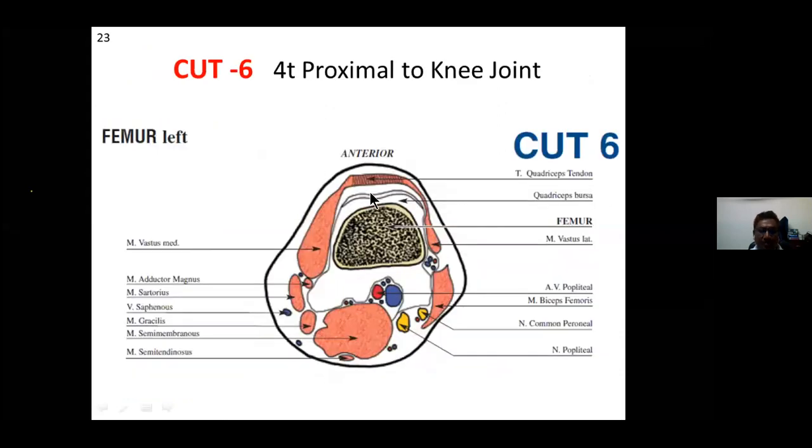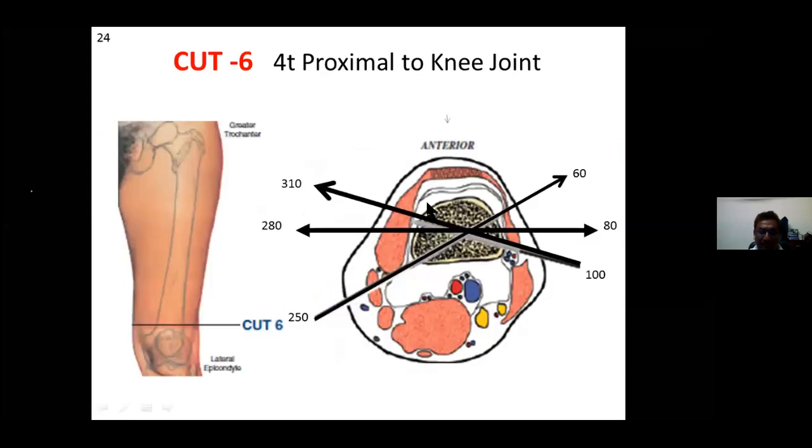Cut 6. It is 4 cm proximal to the knee joint. The popliteal artery and veins lie posterior with the sciatic nerve. That is, all the neurovascular structures lie posterior to the femur. In this cut, multiple wires can be placed as desired.